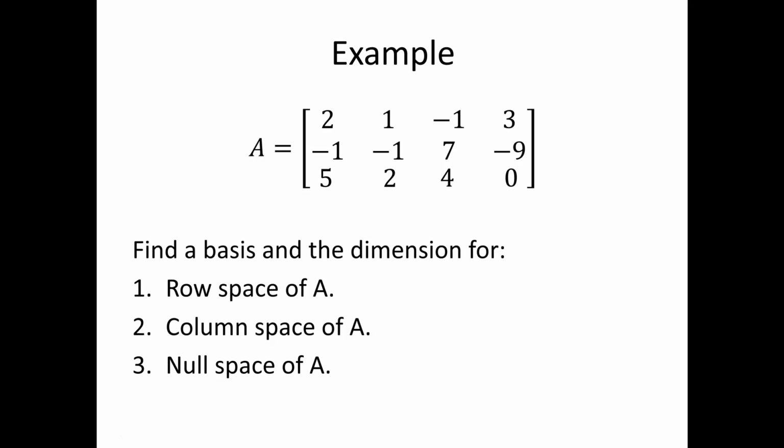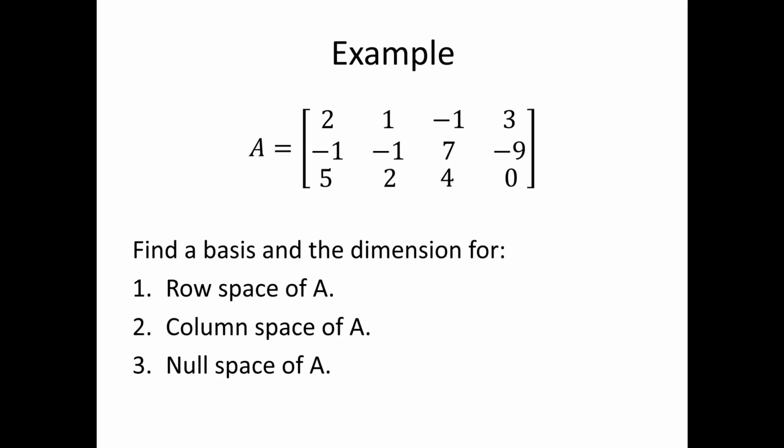For the column space, what you need to do is look at the REF and identify which columns contain the leading ones. And you want to not just use those column vectors from the REF, but identify which columns they are.